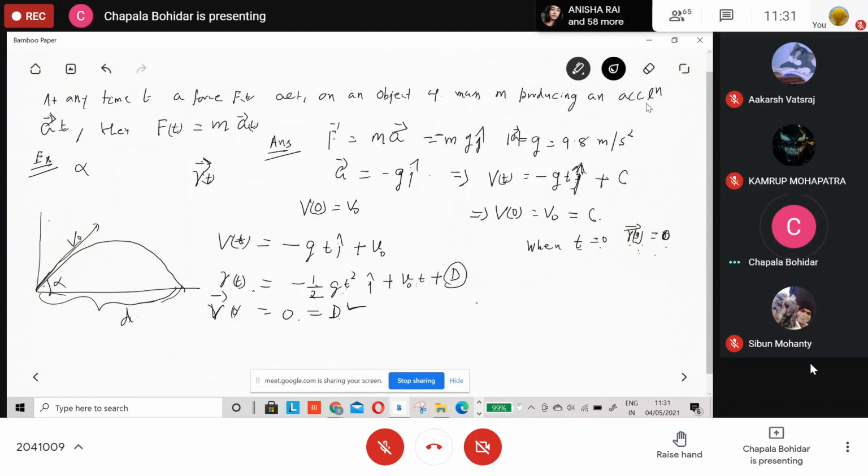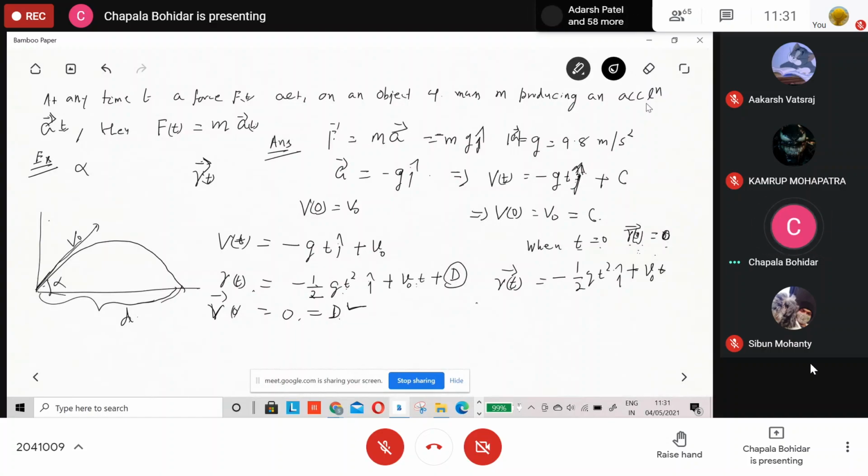We get, so now we can write down Rt is equal to minus 1 by 2 g t square j cap plus V0 t. Okay.